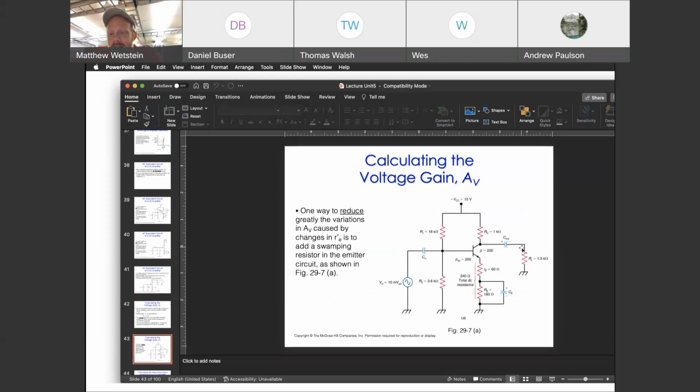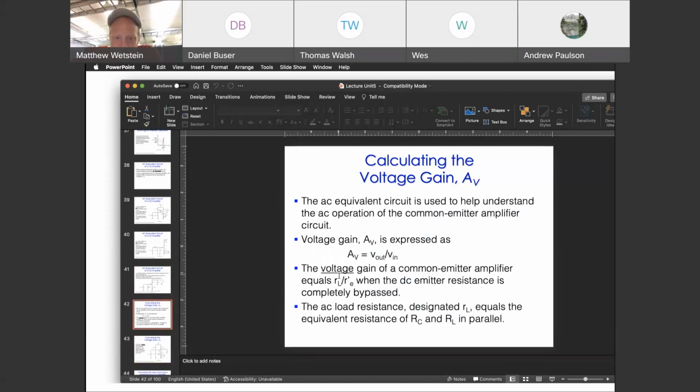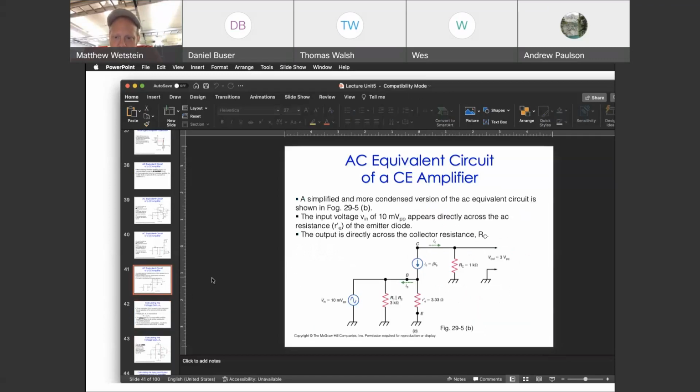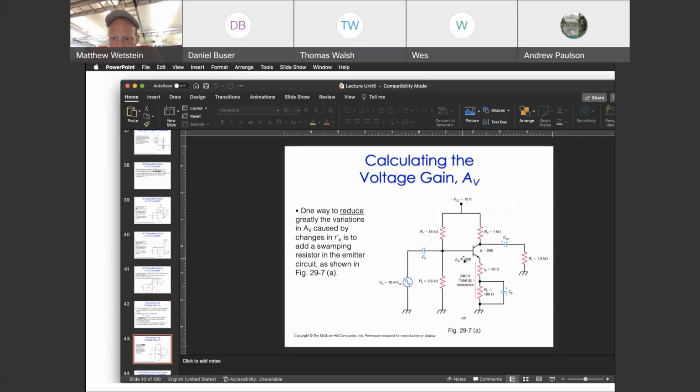Well, usually, let me be a little bit clear. This is important to clarify. You'll notice that in this formula we wrote lowercase rl. What do we mean by lowercase rl? What we mean by lowercase rl is the parallel combination, because these are parallel to each other from an AC standpoint, of the collector resistor and the load resistor together.